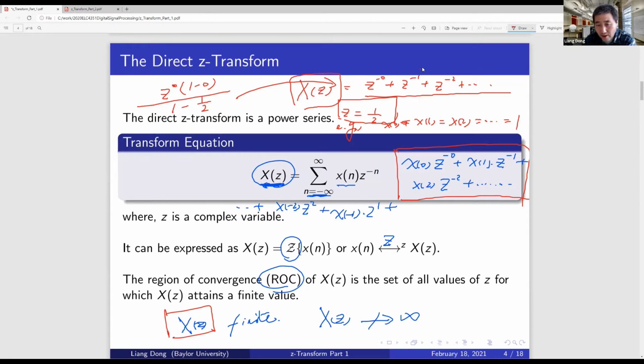So if I evaluate z equals a half, in this case, if all the coefficients are 1, 1, 1, 1, I know if z is less than 1, I'm safe. So let me draw it here. This is my z plane, real part, imaginary part. Just for this particular example, if all the z's I can take, remember it's a function of z, are inside the unit circle, then I'm safe.